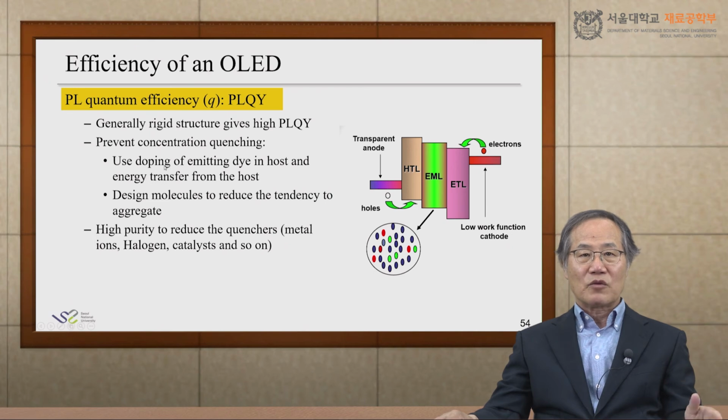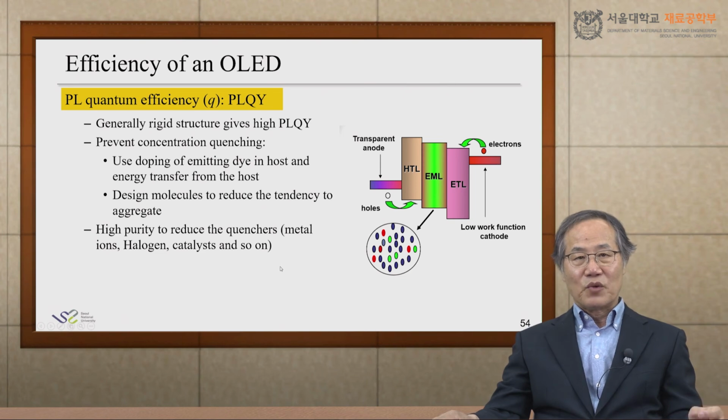But in order to do that, people developed the doping technologies of the emitters in the host molecules. For instance, these red or green emitters are doped in these blue molecules here. And then there is no contact between the emitting molecules, except rare cases, depending on the doping concentrations. Also, they design molecules to reduce the tendency to aggregate.